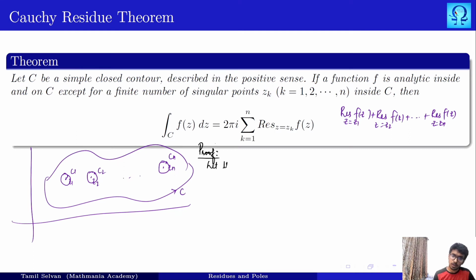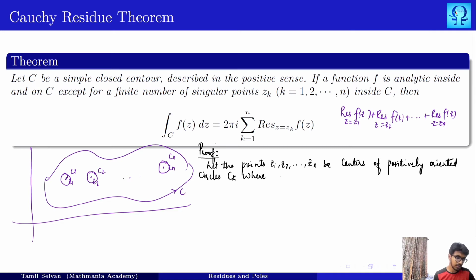Let the points z1, z2, ..., zn be centers of positively oriented circles Ck, where these circles are interior to C.